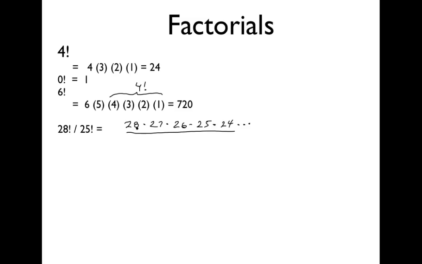Within 28 factorial, 25 factorial is a factor of it. 28 times 27 times 26 times 25 factorial is 28 factorial, right? So we're crossing off the 25 factorial. Then that simplifies to 1, and you're left with 28 times 27 times 26. That's not so bad, not so tedious anymore, right? Still, we need a calculator to do that quickly.